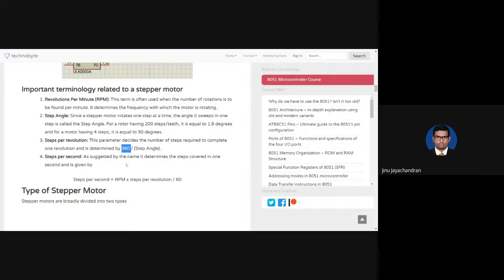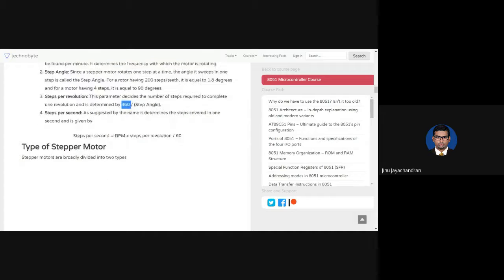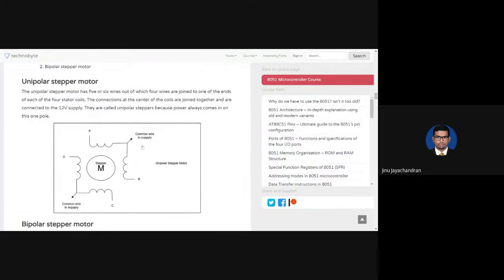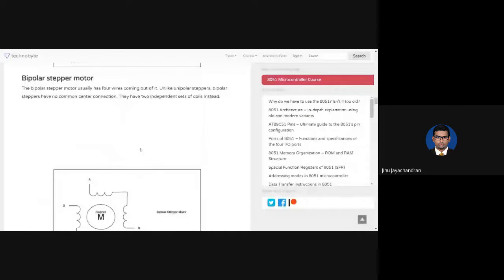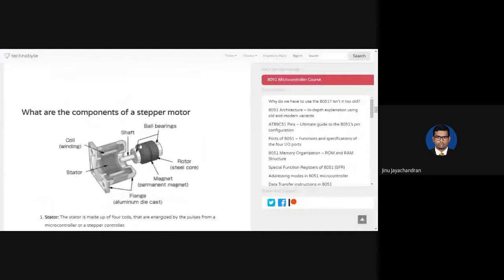Okay. So once you create electromagnetism in this stepper motor, and if you keep on rotating the electromagnetic properties, then you will see that it will have 200 steps of rotation, each step of 1.8 degrees.